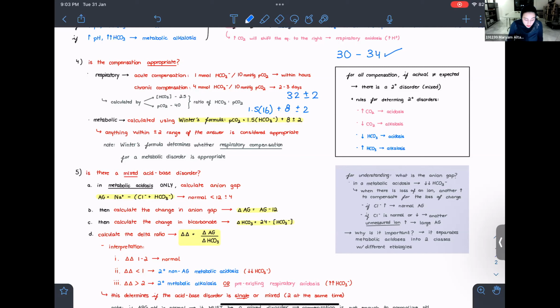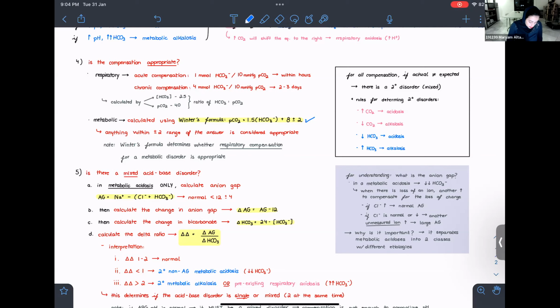So when you have normal compensation, that means there is no mixed acid-base disorder. It's only one, okay? And I know this might be a bit daunting and confusing to know, but I promise you, again, with practice questions, it's going to become easier. Tamam? So we calculate using Winter's formula. That's if we know it's metabolic, all right? So anything less than or more than 2 of the range is considered inappropriate, all right?